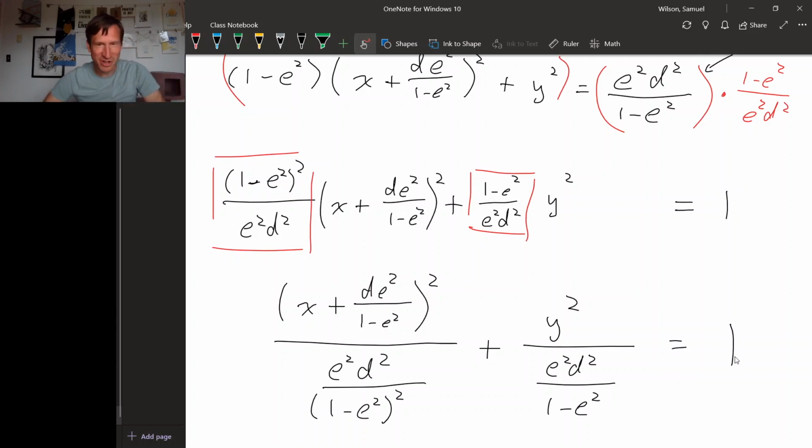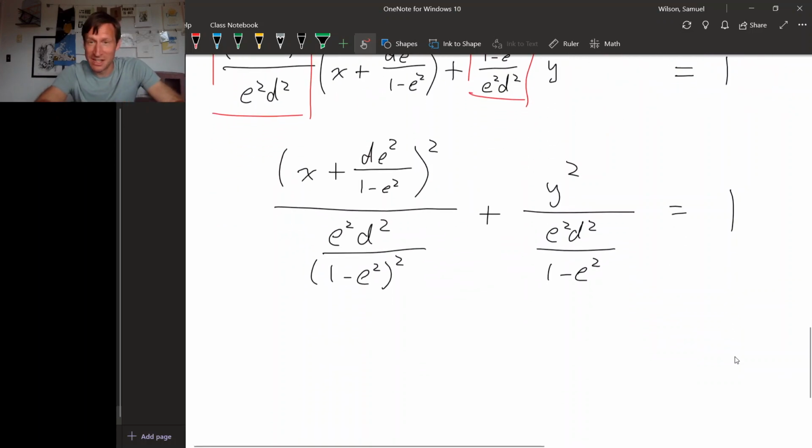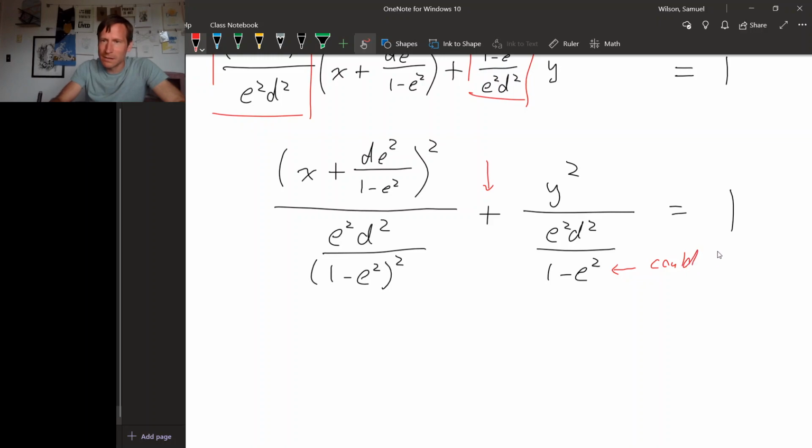Okay, so we finally have a conic section. So let's figure out what conic section this is by identifying various pieces. One thing to be careful about is, because there's a plus in the middle here, it looks like this is going to be an ellipse. And it might be an ellipse, but if you look at this denominator underneath our y squared, this 1 minus e squared part could be positive or negative, right?